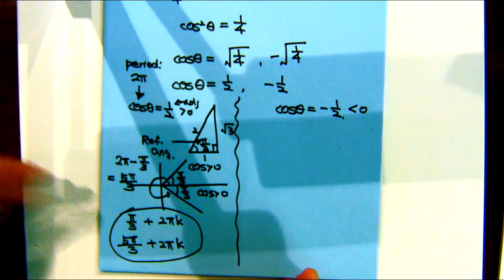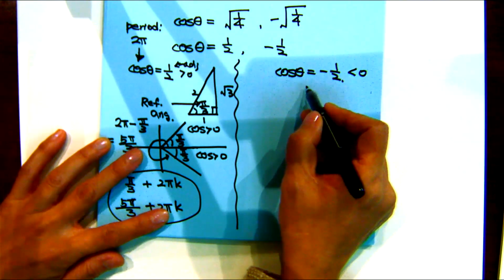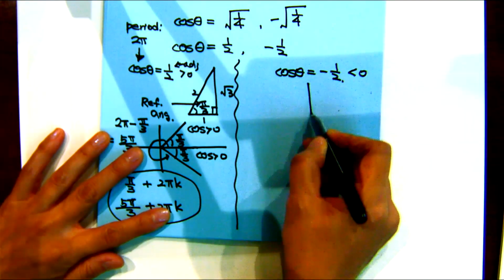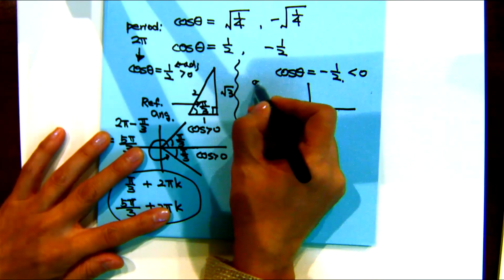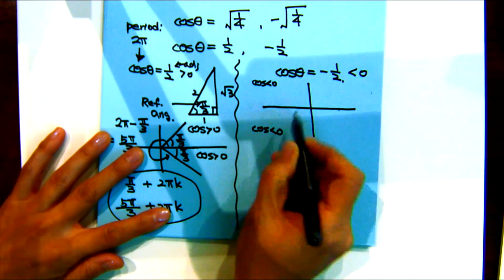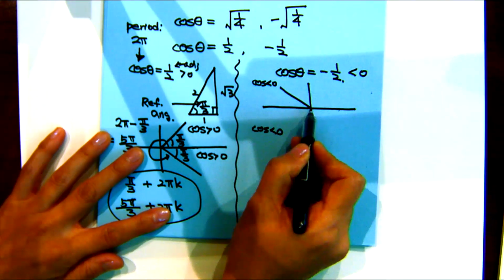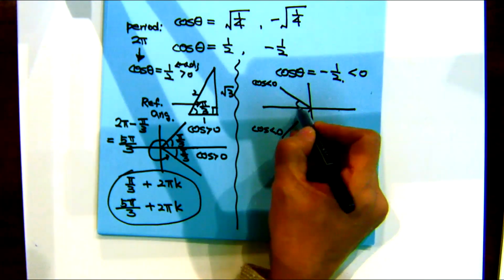Of course, cosine has period 2 pi. So the only change will be locating the angle either in the third or fourth quadrant with the same reference angle.